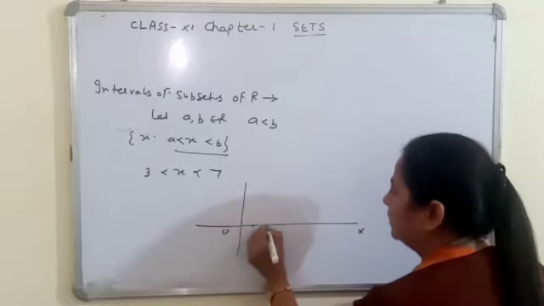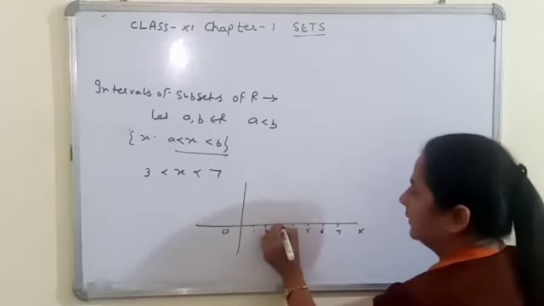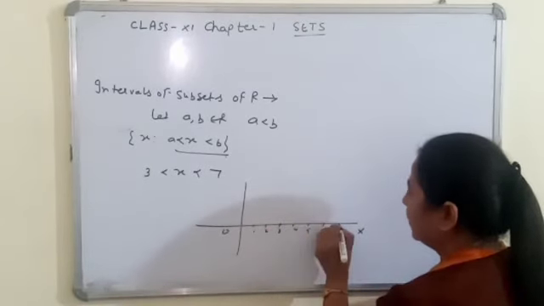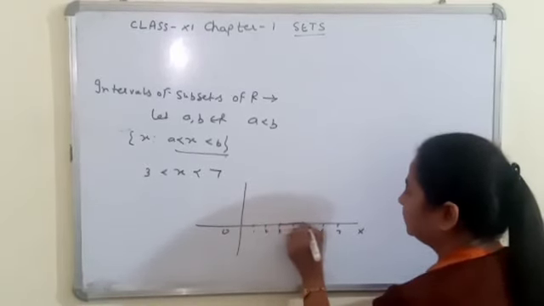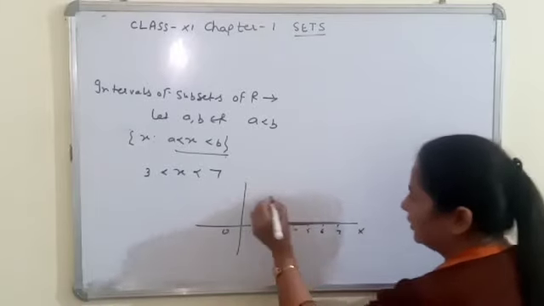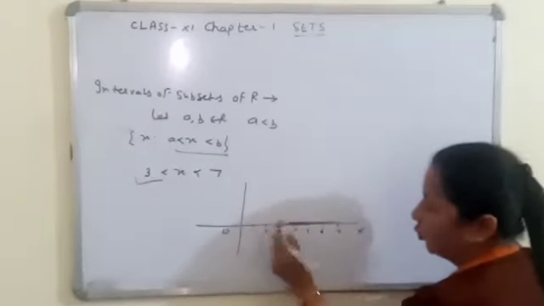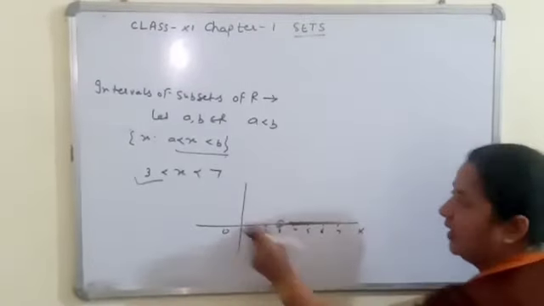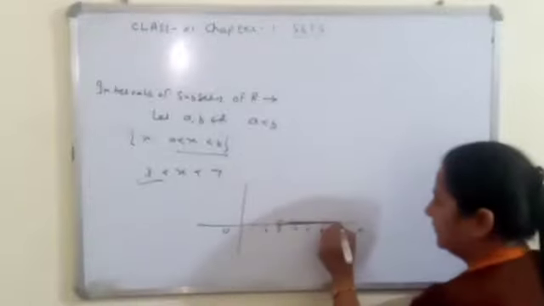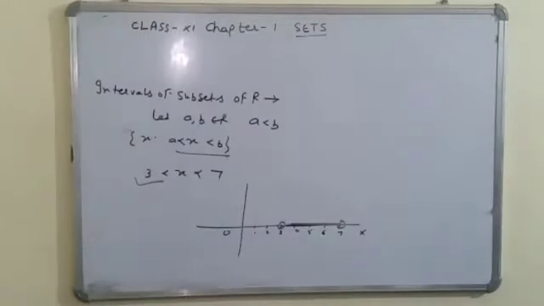x is 1, 2, 3, 4, 5, 6, 7. Now from 3 to 7 we have to write these elements, but the condition is x is greater than 3. It means 3 is not included in that interval and it is less than 7. Same here, 7 is not included in the set. So this is the first type of set.